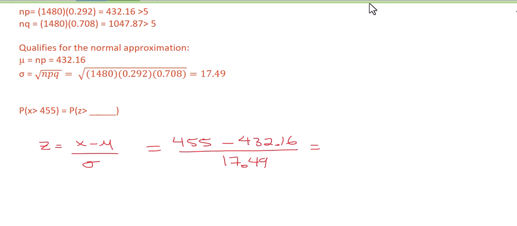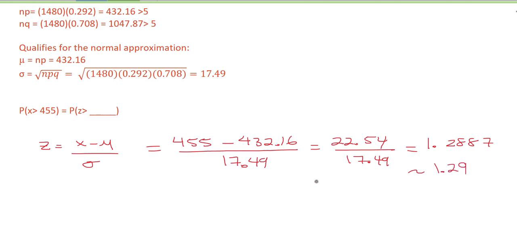That gives us 22.54 in the numerator, and then we're still dividing by the standard deviation, and so now this is 1.2887. So rounding to 2 decimal places, because it's a z-score, we can say 1.29.